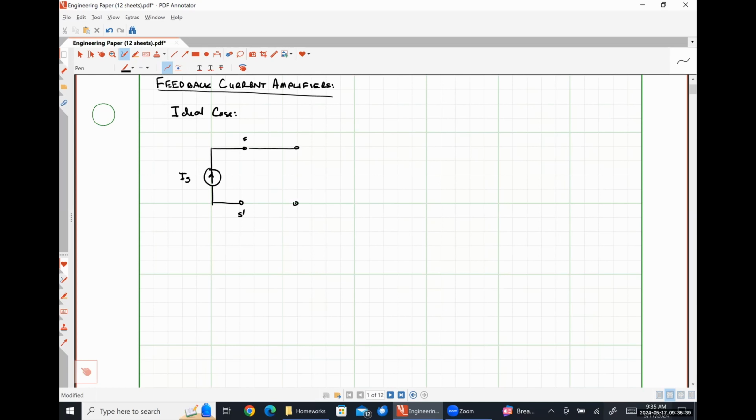Here are the input terminals of my open loop amplifier. This is my signal VI. Here's my input resistance, RI, my current II. I'm going to choose to represent my open loop current as a current gain, A1, in parallel with some resistance R0.